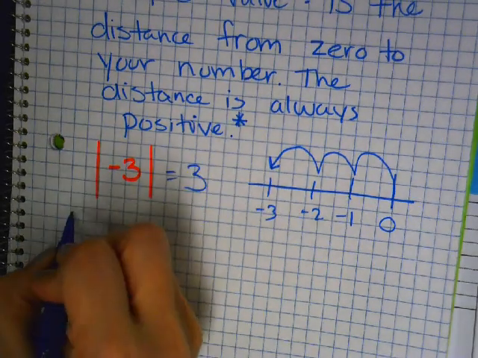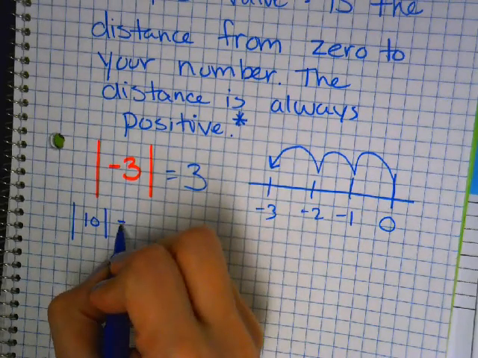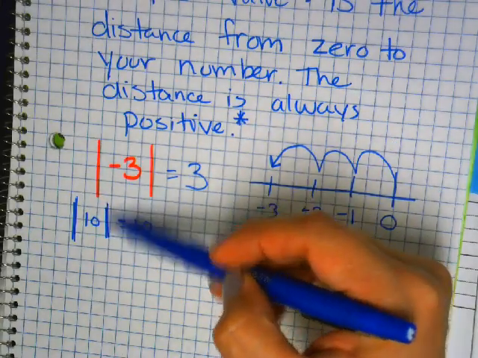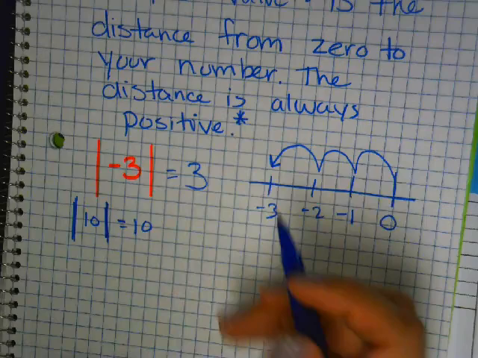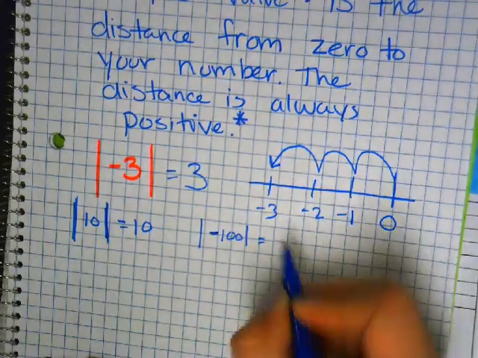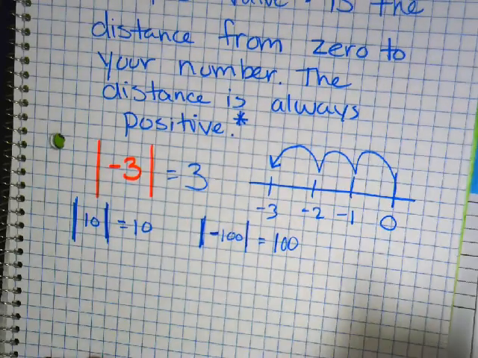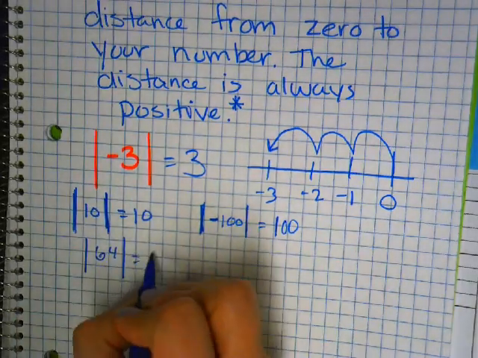Okay, what's the absolute value of 10? 10. When you draw your bars, make sure they're bigger than your number. They're like parentheses. They encapsulate the number. What's the absolute value of negative 100? 100. What's the absolute value of 64? 64.